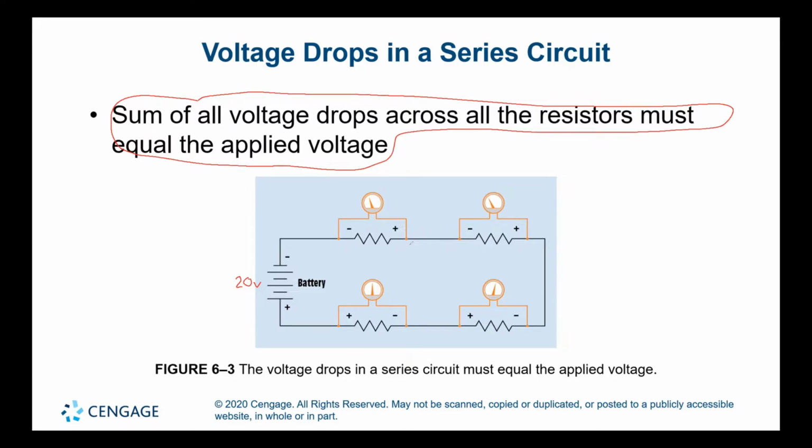If 5, all of them, 5 volts, perfect. It cannot be any other way. Why? Because we cannot create energy. So if all these guys are equal, then all of them are gonna have 5 volts.